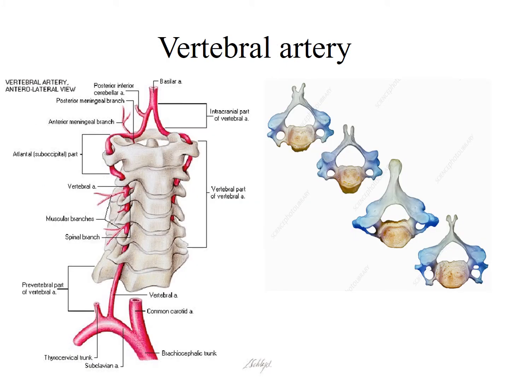Now we are going to see about the vertebral artery: where this vertebral artery arises, its origin, its course and its branches. In this picture you can make out the brachiocephalic trunk. This brachiocephalic trunk divides into the subclavian artery and the common carotid artery.